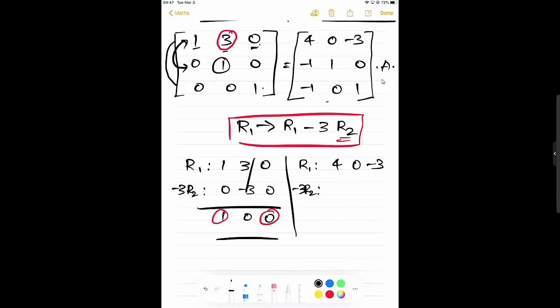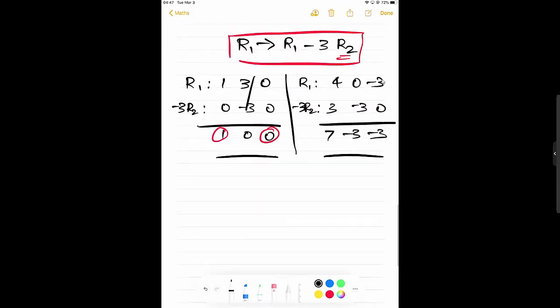So minus 3 into minus 3 is plus 3, then minus 3, then 0. If you add, it is 7, minus 3, minus 3. Using this value, we will try to form the matrix.